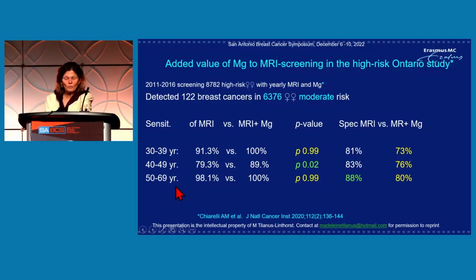And the same was seen above age 50. There was a 2% increase of sensitivity, not significant, but a clear decrease of specificity to 80%, not optimal. Only in the 40 to 50 year age group, there was a significant, nearly 10% improvement in sensitivity. However, with a decrease in specificity to a rather low 76%.